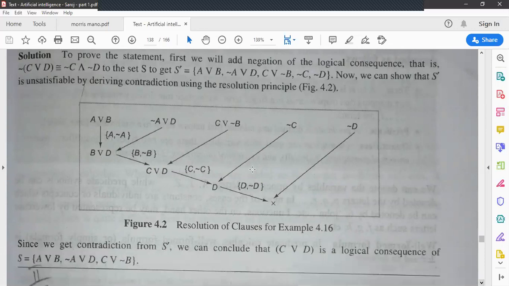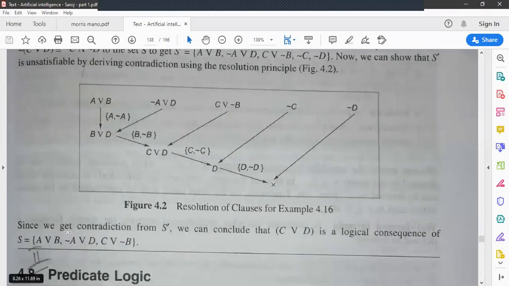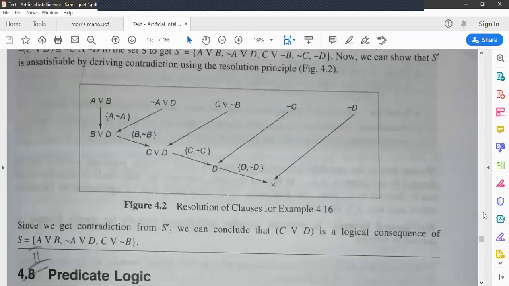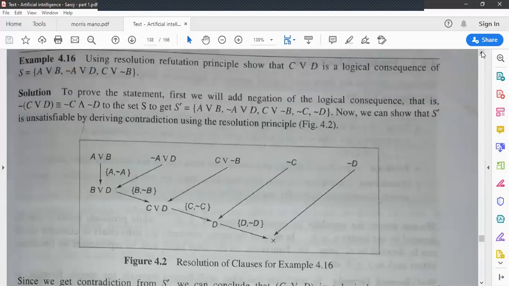So we conclude that C or D is in fact a logical consequence by applying all these clauses together, and then cancelling the contradictory ones, and then ending it with a cross. So this is about the resolution of clauses, how you can perform resolution by contradiction.